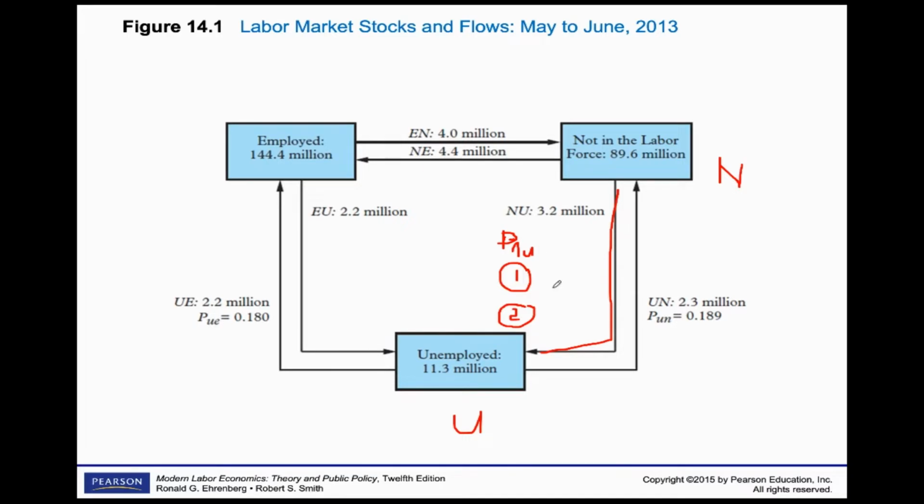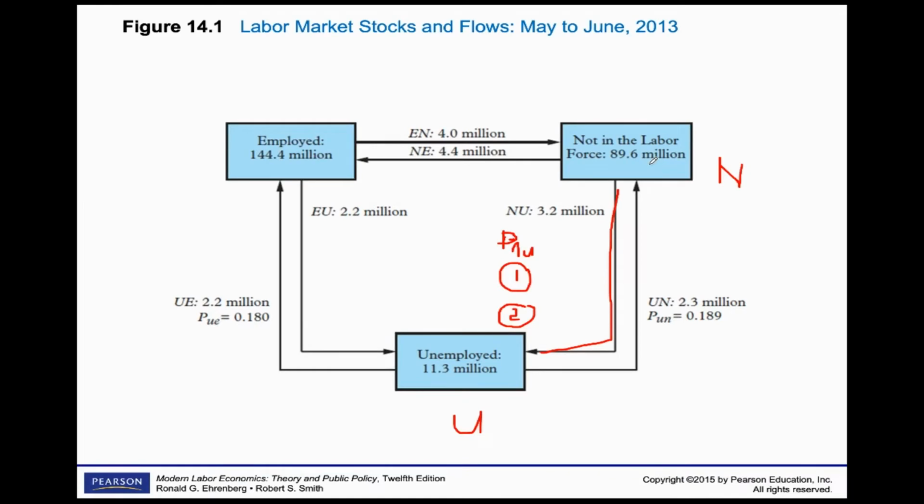The second one is re-entrants. Re-entrants are those who also start from not in the labor force. A good example of this is retired people. When they retire, they are no longer in the job market. They are now not in the labor force, but because they could be still healthy, they have a lot of experience and skills, they think they are still productive, then they are looking for jobs.